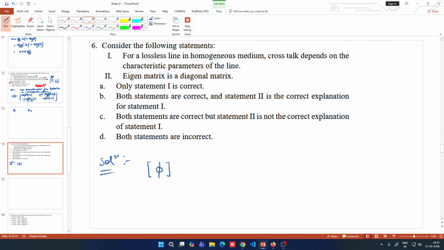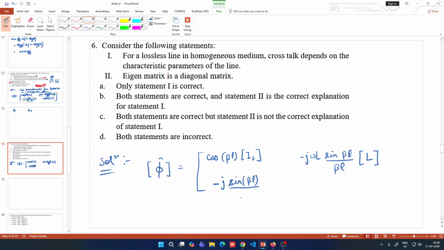So same lossless line in homogeneous medium. We can write the chain parameter matrix again for this, which is given by cos beta L, minus j omega L sine beta L by beta L into the L matrix, and phi21 is minus j sine beta L by V into 1 by mu epsilon into C, and phi22 is cos beta L into I2.